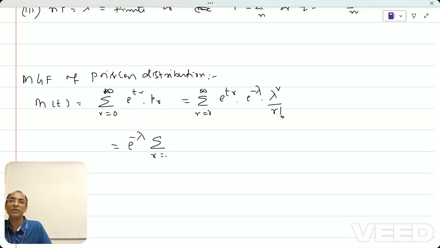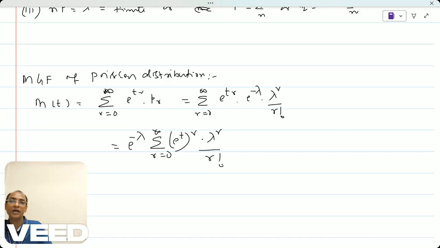Since e to the power t whole to the power r is there, and lambda to the power r, I can combine these two terms. So e to the power minus lambda summation r equal to 0 to infinity, lambda e to the power t whole to the power r divided by r factorial.